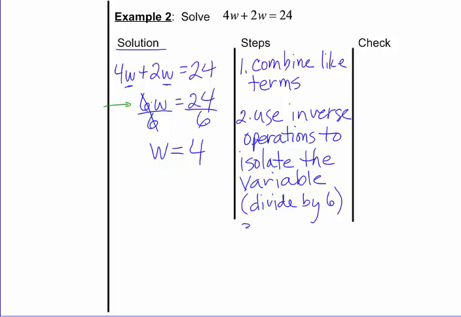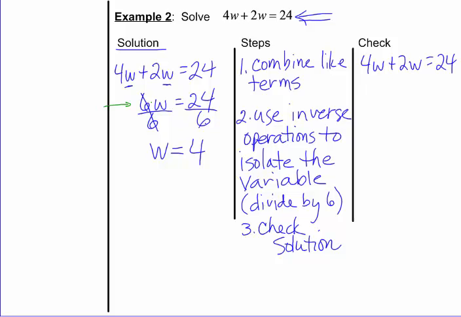Now we're going to check. To check your solution, you go back to the original equation all the way up here. That's the original equation: 4w plus 2w equals 24. You're going to substitute the answer you got into the variable in the original equation.